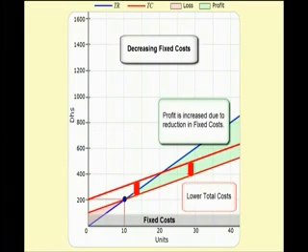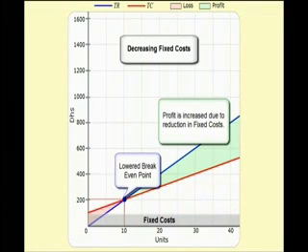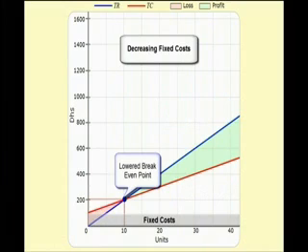But in addition to that, you will notice that the break-even point is lowered. When the management is able to reduce these fixed costs for the company, they have a very direct impact on the profitability of the company and on how soon they begin making profit by lowering the break-even point.